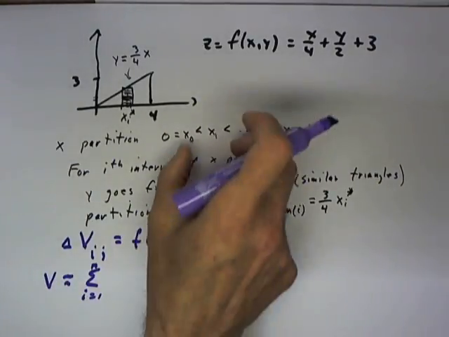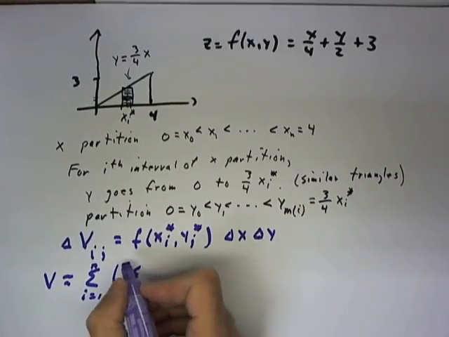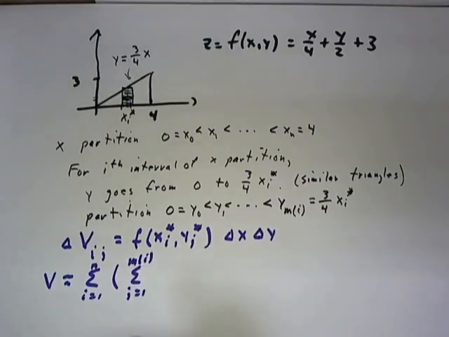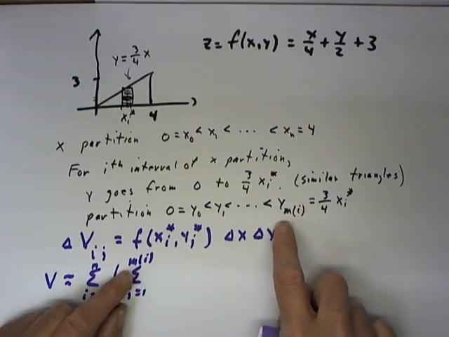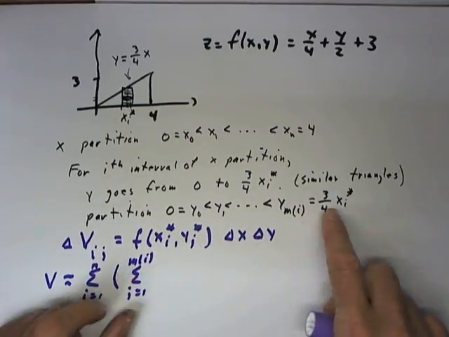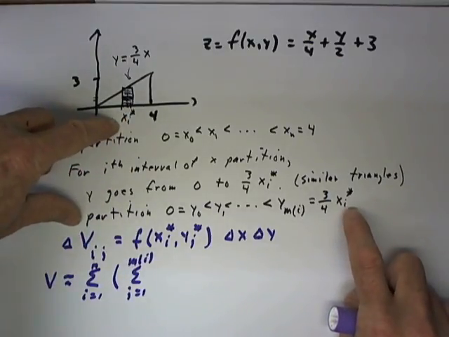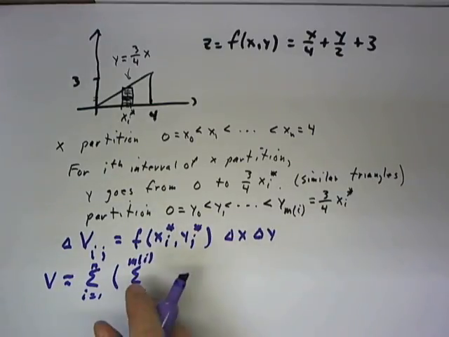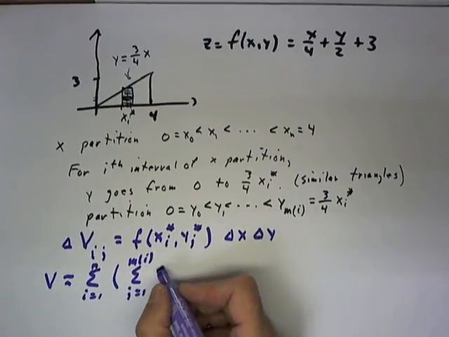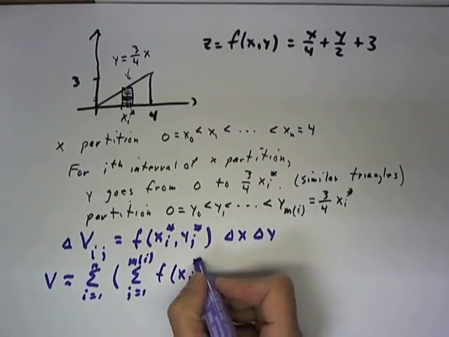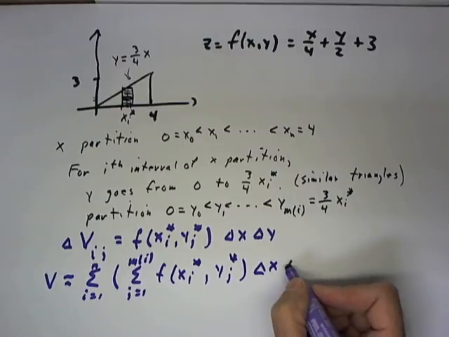In other words, the sum over all subintervals of our x partition of the sum from j equals 1 to m of i, where m of i is the last subscript in our y partition for that particular x interval with sample point xi star. So j is going to go from 1 to m of i, and it's going to be our delta v sub ij, and that's going to be f of xi star, yj star, delta x delta y.